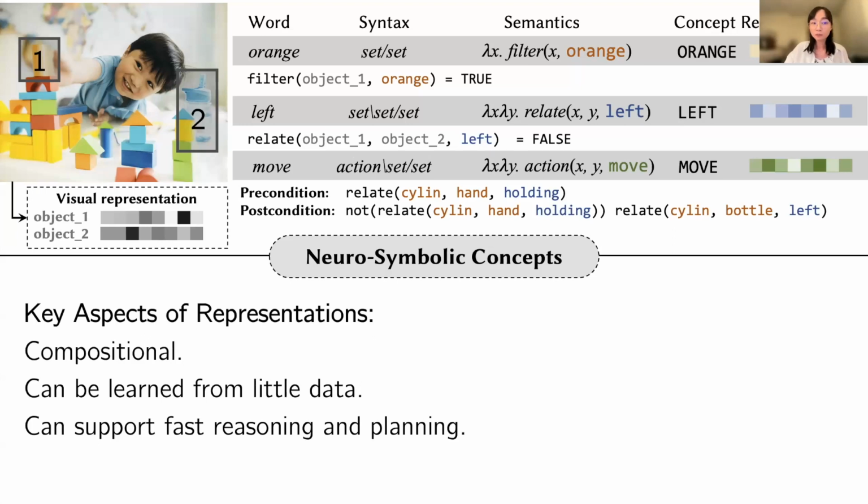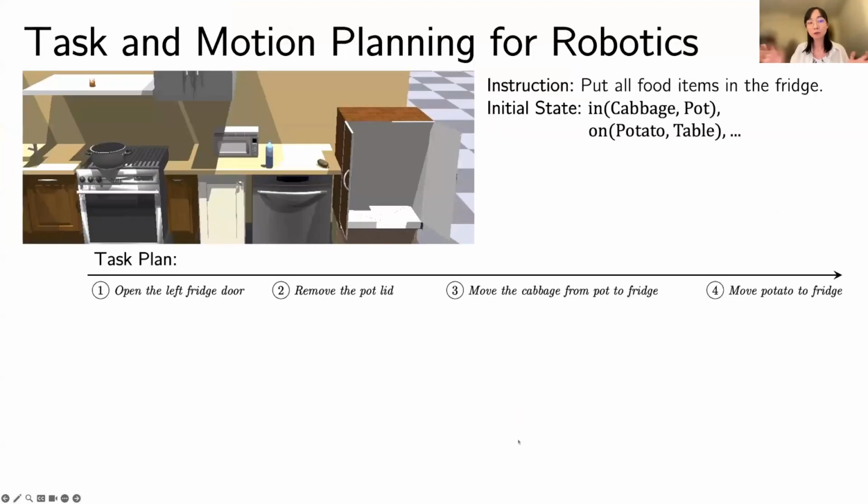Speaking of robotic manipulation, the overall framework I'm going to use today is based on the idea of task and motion planning for robotics. Given the input state and some instructions, for example, put all food items into the fridge, the robot can first perceive the initial state of the environment, extracting object properties, their poses, and also their relationships.